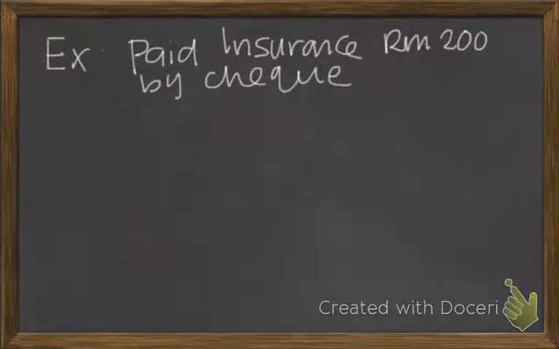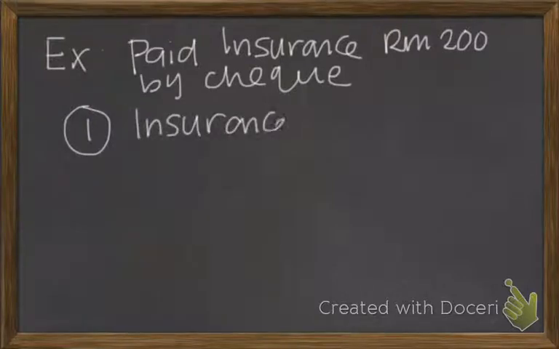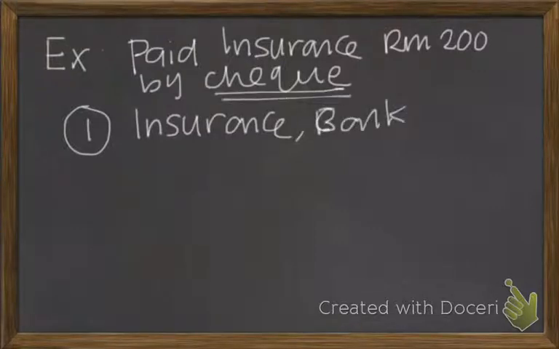The same thing: identify the two accounts involved, which are the insurance account and the bank account, because we paid using a check. Normally when we pay using a check, the check will be cleared by our bank so that the money goes out from our business bank account.